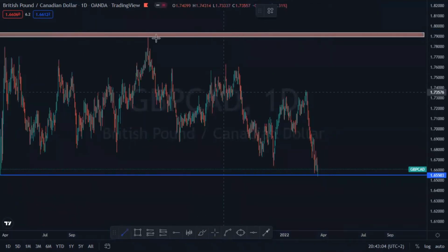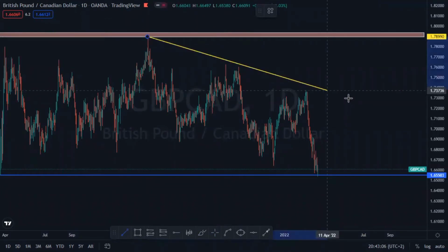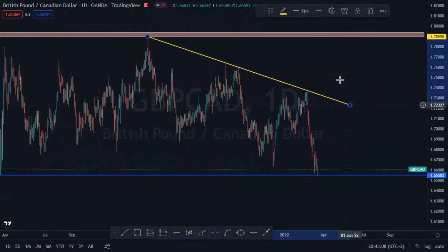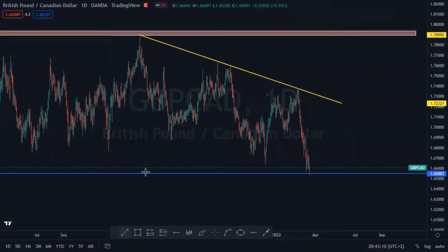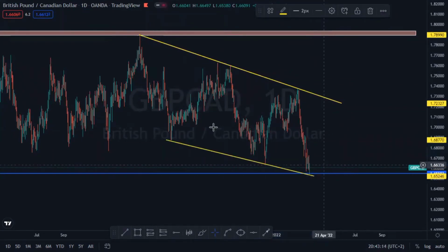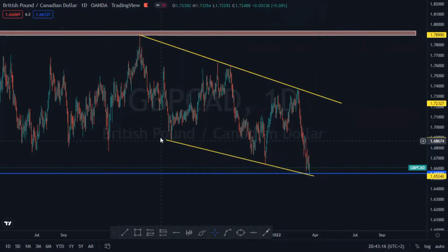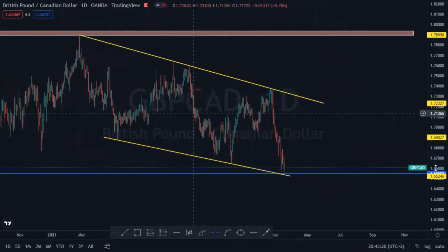One thing also that I noticed is that we have actually formed a falling channel, which is also a descending channel. And one thing that I know about the descending channel is that it is a reversal type of pattern.